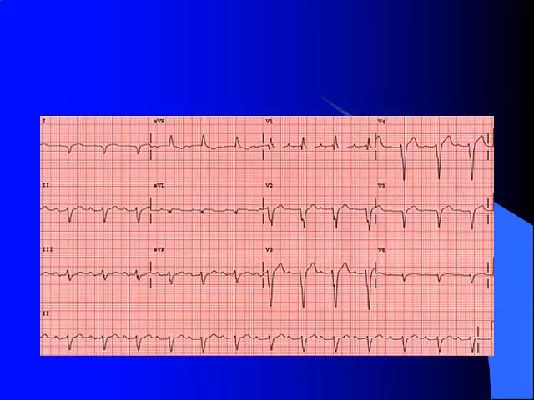Now, in most cases, it's important to remember that for extreme right axis deviation, the most common cause is improper limb lead placement. You have your left arm placed on your left leg, or your right arm placed on your right leg or something. You've got limb lead reversal. In this particular case, it doesn't appear to be so.